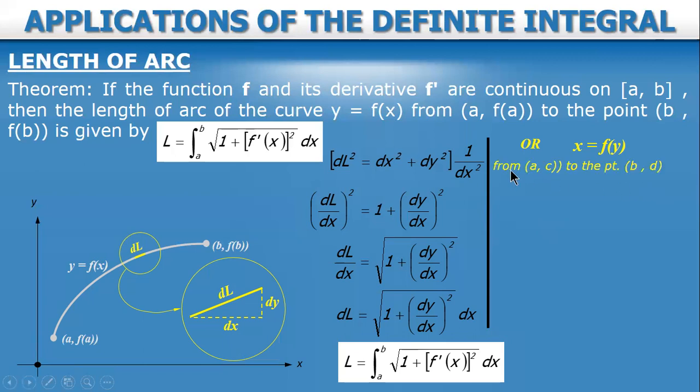Suppose we have these points, point C to point D. Same Pythagorean theorem, but this time we multiply by 1 over dy squared. The result is dl over dy squared equals 1 plus dx over dy squared. Same here, get the square root, and then cross multiply dy.